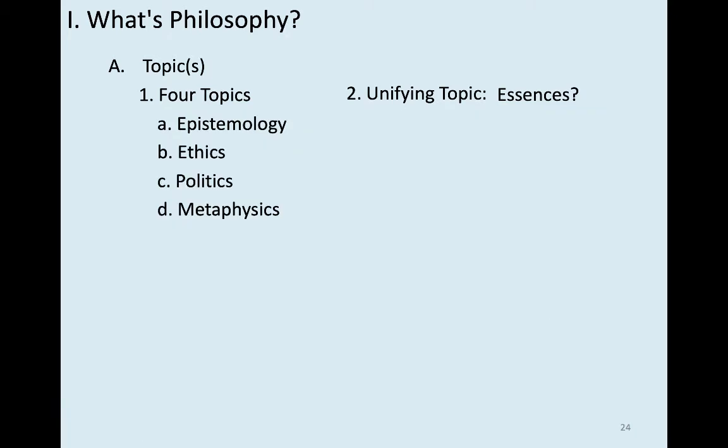Okay, so now how does this talk of essences relate to the four topics? Specifically, how might it unify the four topics that we've discussed? Well, you can think of epistemology as interested in the essence of rational cognition. When an epistemologist asks, what is rational cognition? The epistemologist is not looking for a list of examples.